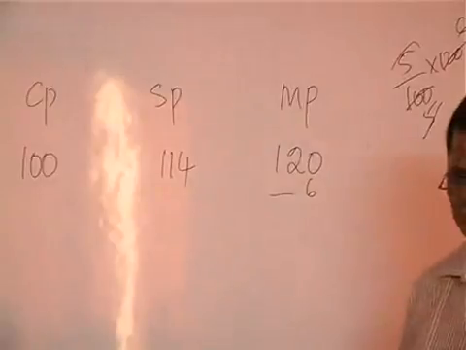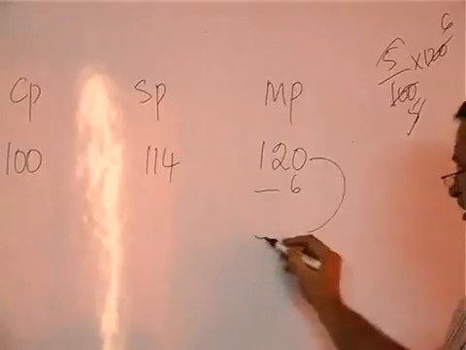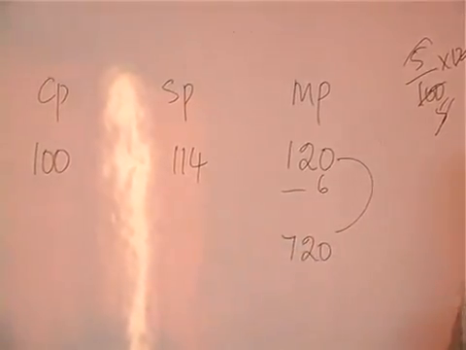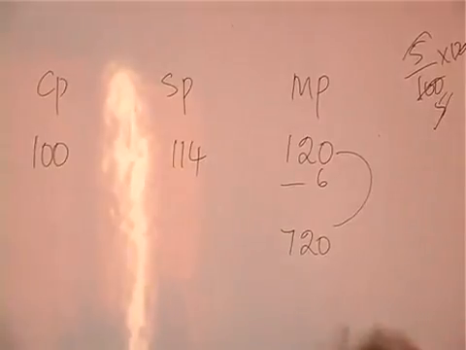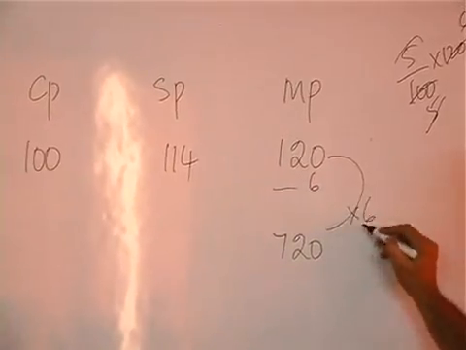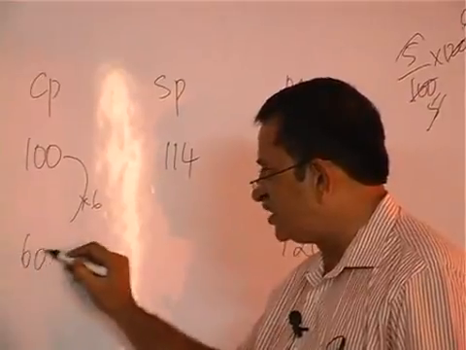Original value is given. What he has given? Market price of the article is 720. What he asked? Find the profit. See here, 120, 720 means the relation is into 6, is it not? So, into 6 means 600 should be the cost price.